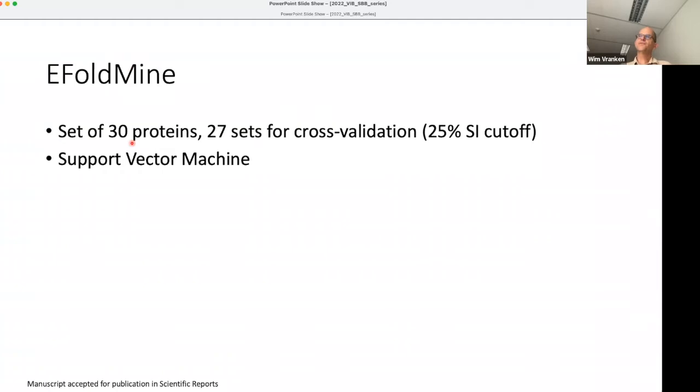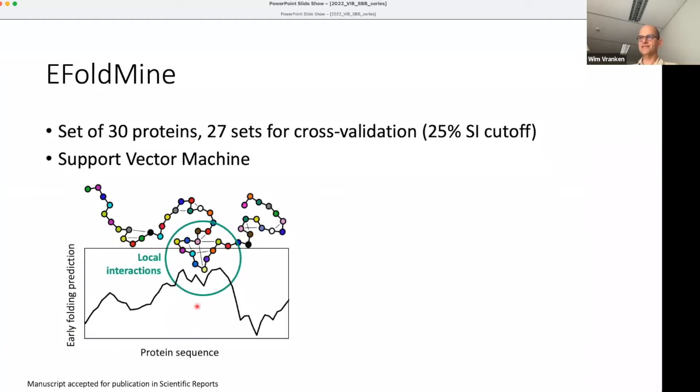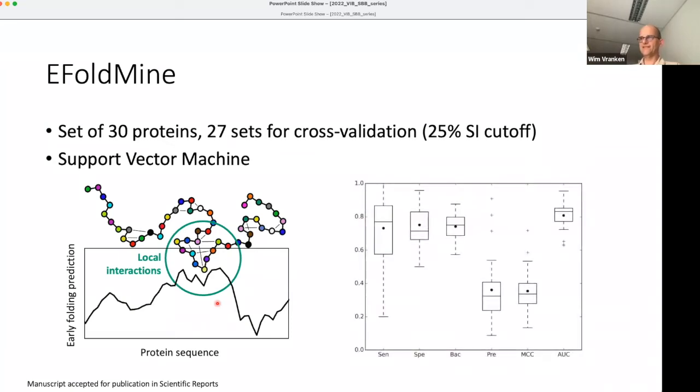So this is on a set of 30 proteins, which is very few in terms of machine learning, but it was enough to train a predictor that essentially says from a protein sequence, okay, here the sequence seems to be able to form enough local interactions that it can fold.